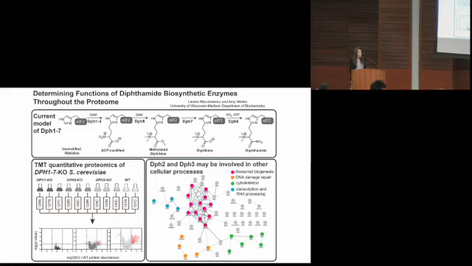In the future, I hope to use other mass spectrometry-based proteomic methods, such as affinity purification MS or enzyme-catalyzed proximity biotinylation, to look at the protein-protein interactions of DPH2 and DPH3 and to better pinpoint how exactly DPH2 and DPH3 play a role in these broad biological processes that I've identified so far. Thank you for your attention, and I'll take any questions.